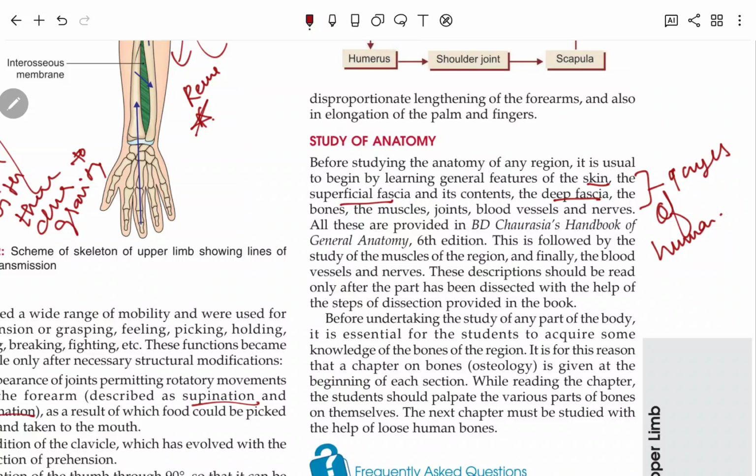All these are provided in BD Chaurasia Handbook of General Anatomy, 6th edition, any edition. This is followed by the study of muscles of the region and finally the blood vessels and nerves. This description should be read only after the part has been dissected with the help of steps of dissection provided in the book. So it's all about the practical things. If we connect theory with practical, life goes easy.